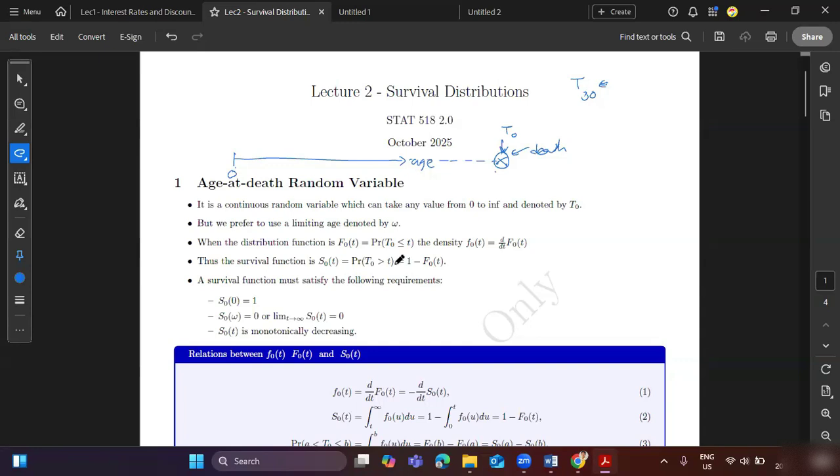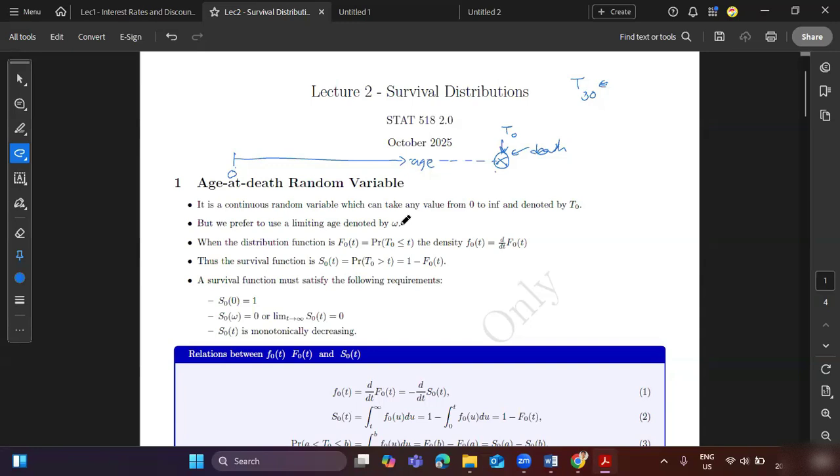So then depending on the population you select, you can have an approximate value for omega. You will see in some questions or even in practical situations that you will assume the maximum number of years that a person lives in this country is 100 years or 110 years or 105 years.